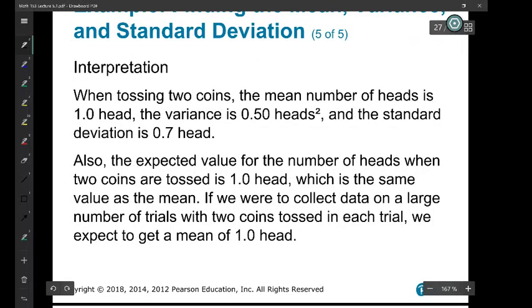The interpretation is that the mean number of heads, or the number of heads that we expect, is 1 head for any two sequential coin tosses. And the variance is 0.50 heads squared. Standard deviation is 0.7 heads.